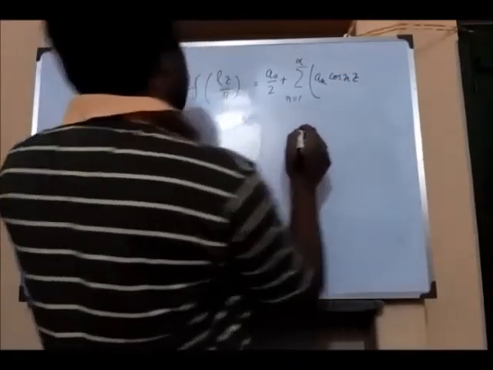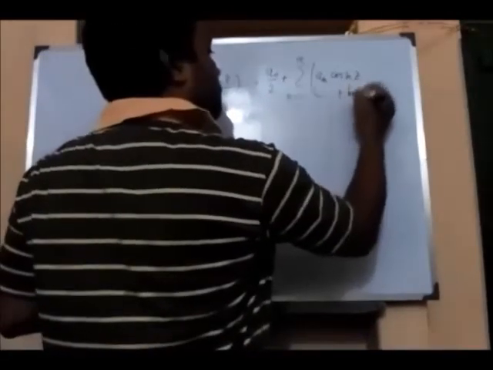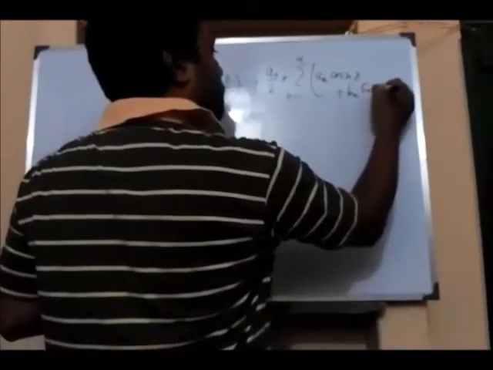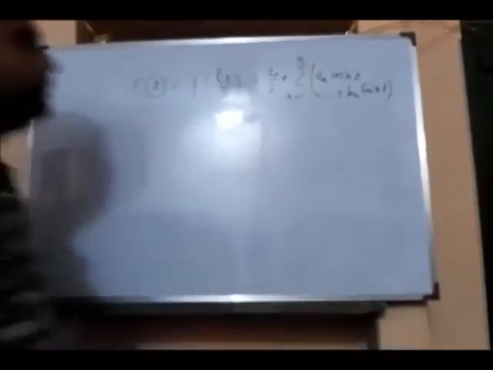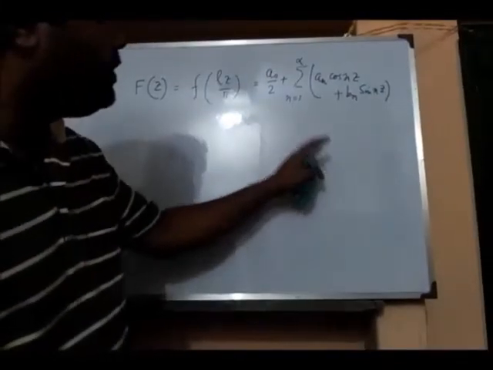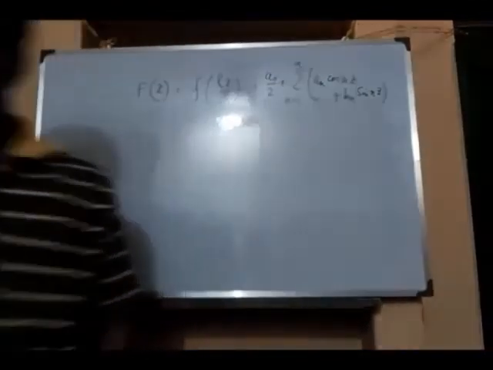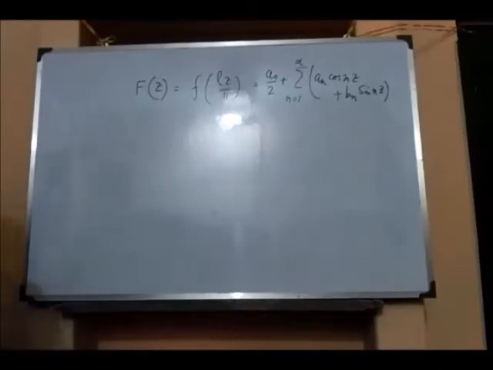Now the new function is as it is z, so this is an cos nz plus bn sin nz. Right? So I have just used this z function in terms of x to expand this Fourier series.